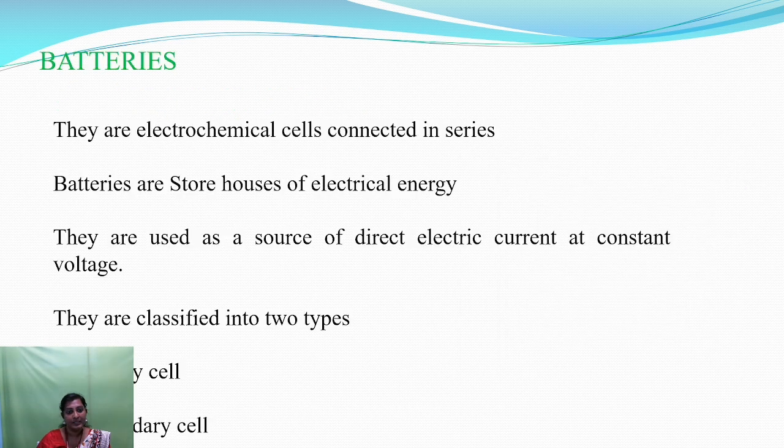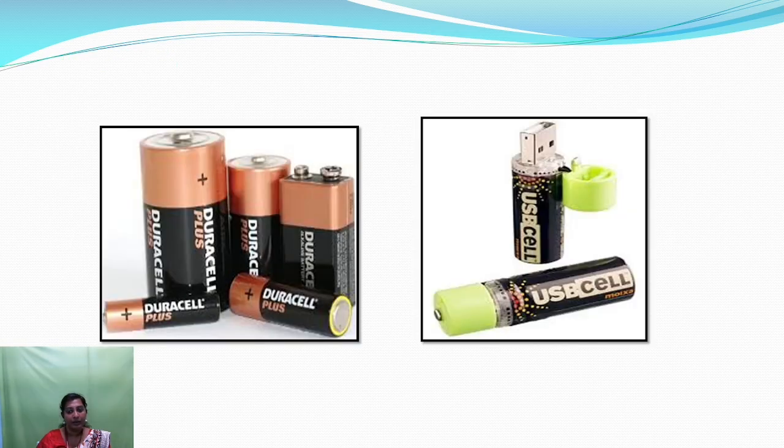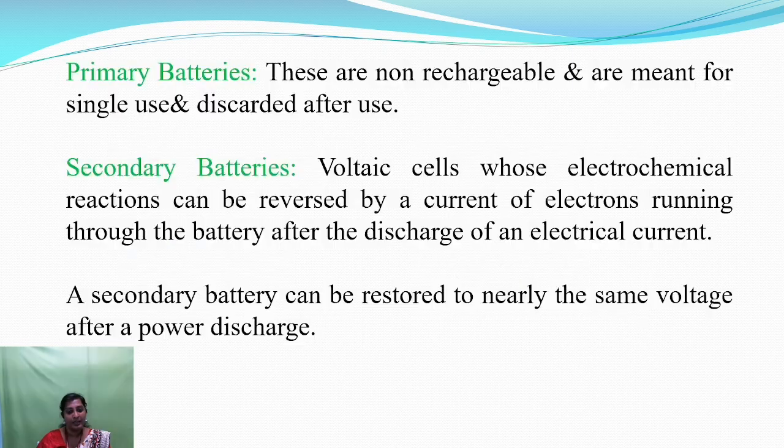Then batteries. Electrochemical cells connected in series are called batteries. Batteries are storehouses of electricity. They are used as a source of direct electric current at constant voltage. They are classified into two types: the first is the primary cell, the second is the secondary cell.